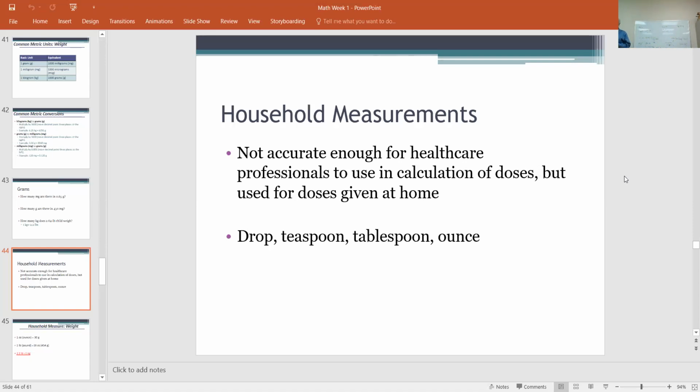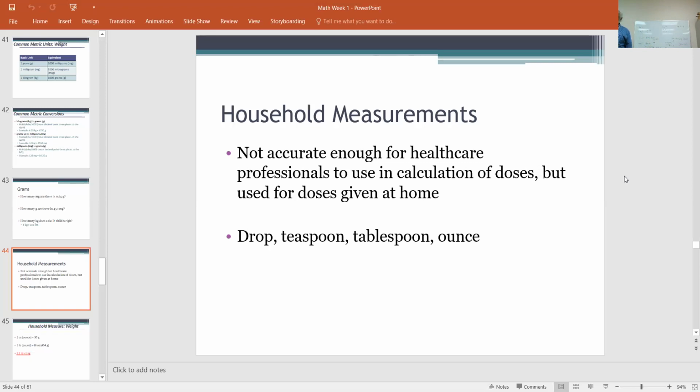So if it were 2 grains, it would be GR 2. Note that one confusion is there are a number of people who try to abbreviate grams. That's absolutely wrong. Okay, we don't do that. Now, what is a grain? Well, in ancient times, it was a grain of wheat. But think about that.